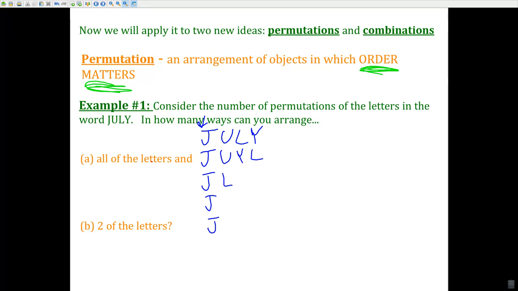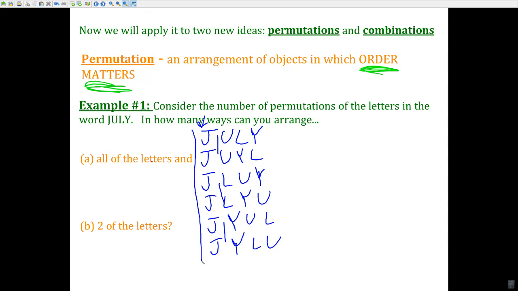Let's try L here. Well, you could have L-U-Y, or you could have L-Y-U. Well, and the last one would be J-Y-U-L or J-Y-L-U. Notice I just did U's, L's, Y's. That made my life a little easier. These are all the possibilities with J at the start.